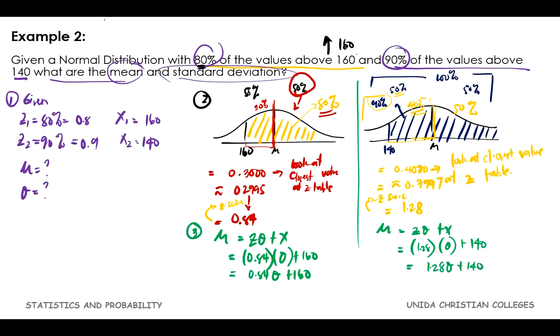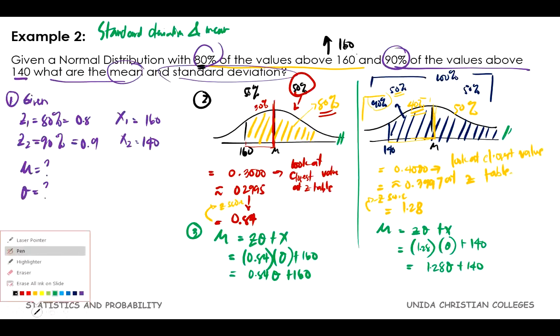Alam natin na si standard deviation and mean, itong dalawang normal distribution natin, alam natin na iisa lang ang pinanggalingan nila kasi isang problem lang sila. So, ang gagawin natin, ipag-i-equate natin sila. Okay?